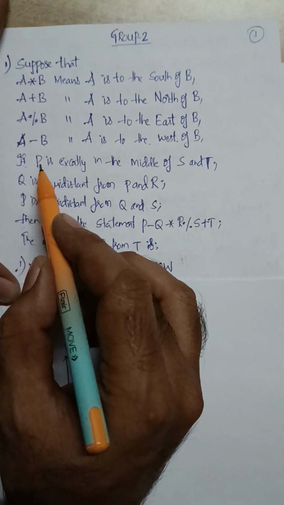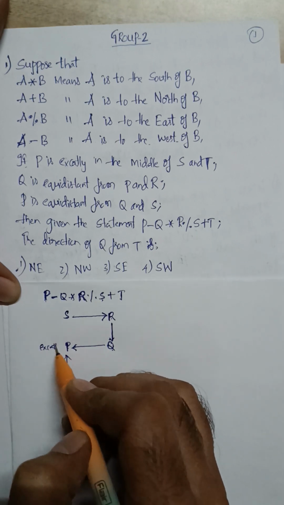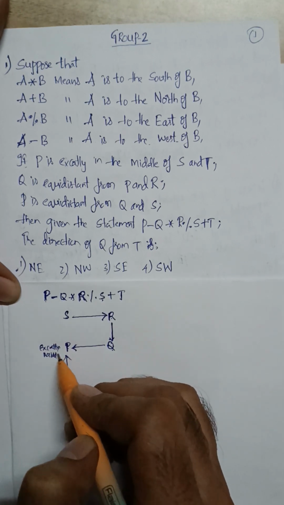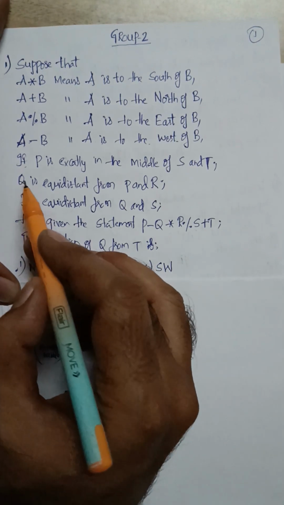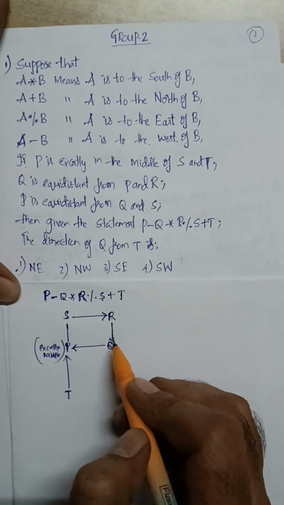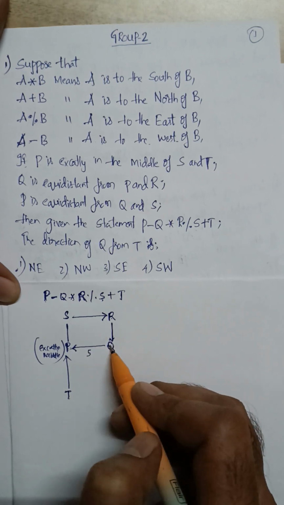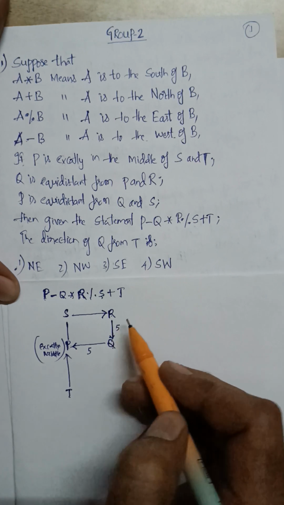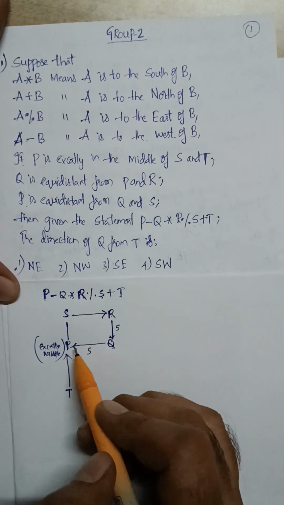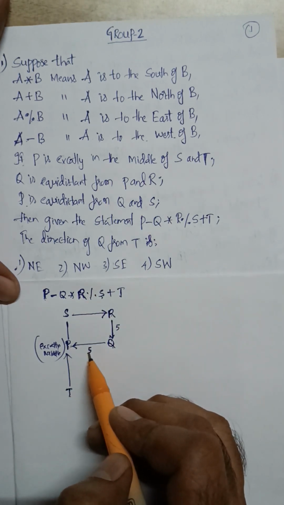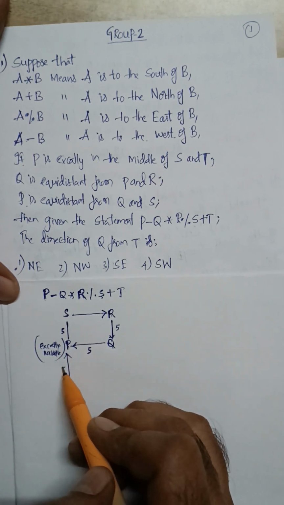Now he is telling that P is exactly in the middle of both S and T. And Q is equidistant from P and R. If the distance from P to Q is 5, then Q to R will also be 5. Next, P is equidistant from Q and S. If the P and Q distance is 5, the P and S distance should also be 5. So all distances are the same here.